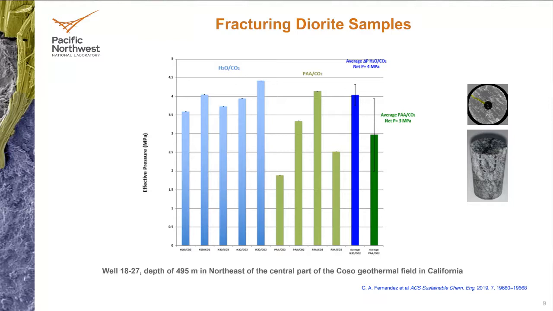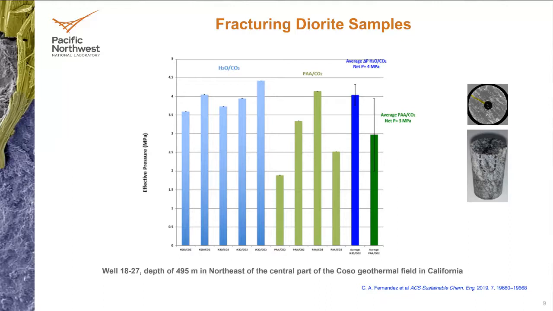So we did 5 experiments with diorite rock. This was obtained from the Coso geothermal field in California. And we did 4 additional experiments with a polymer solution. So instead of injecting first polymer solution, we injected water, okay, in the control experiments, and these are results of the pressure, the effective pressure required to fracture that rock.